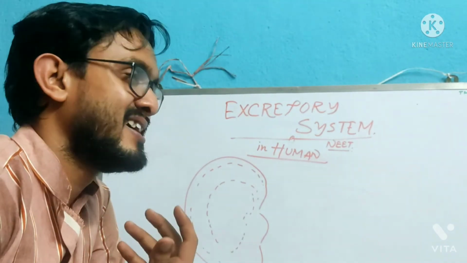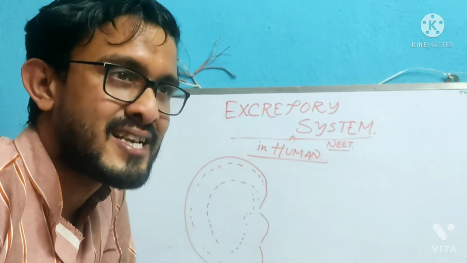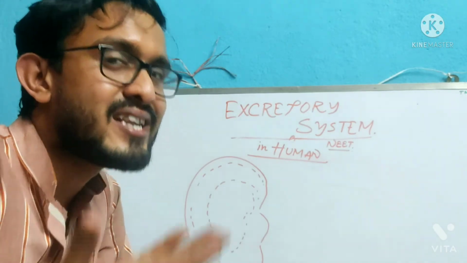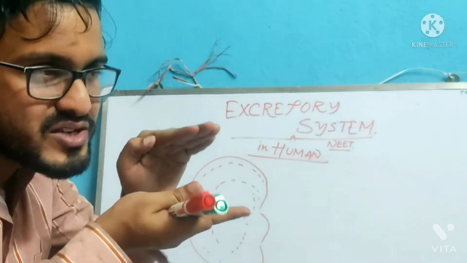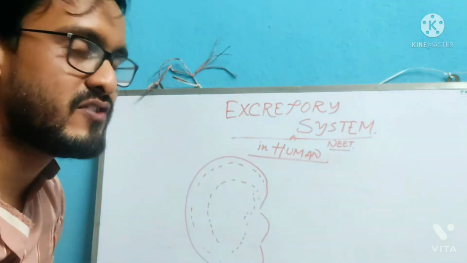That's why, as we have already studied, our right lung is slightly upper, and the right kidney is slightly lower to give space to the liver.